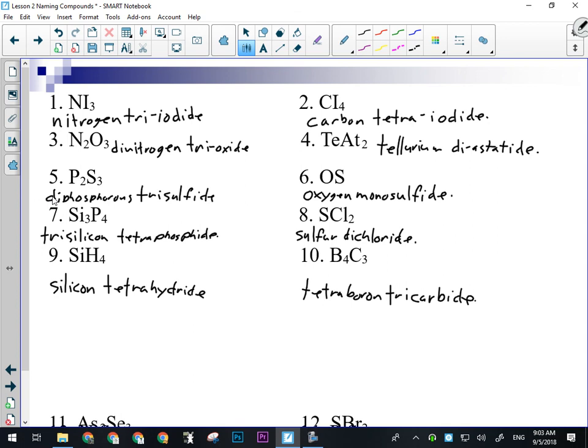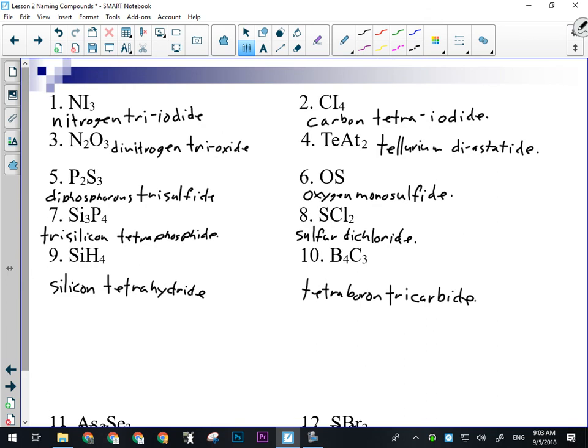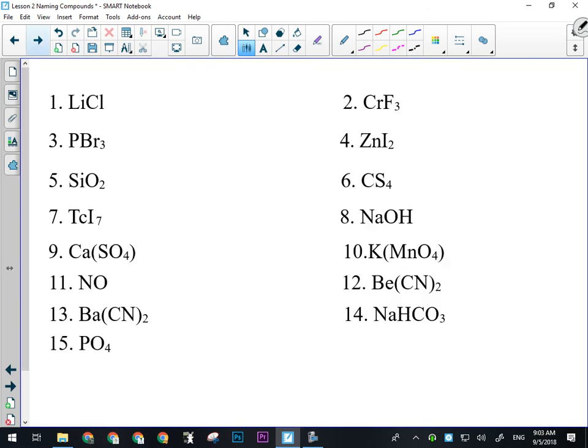Alrighty. There were a couple other ones here, but I think we get what we're doing here. So, all right. Here's the trick. It's easy when you know they're all molecular, or you know they're all ionic, or you know they all need a Roman numeral. The challenge is, can I tell when I have to apply those rules? So this one is a mix of basically everything we've talked about.